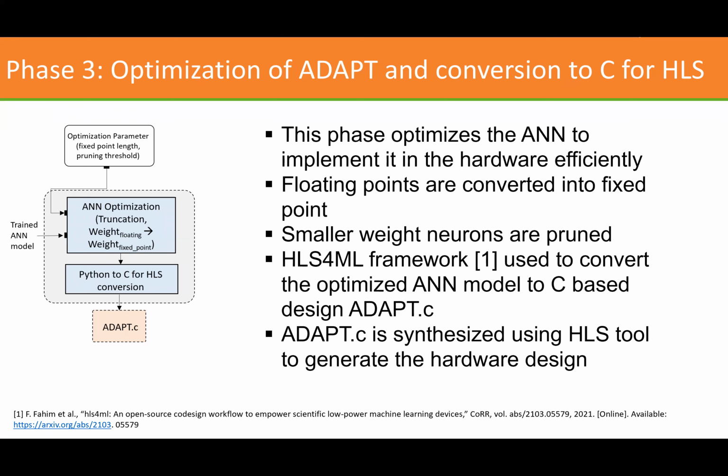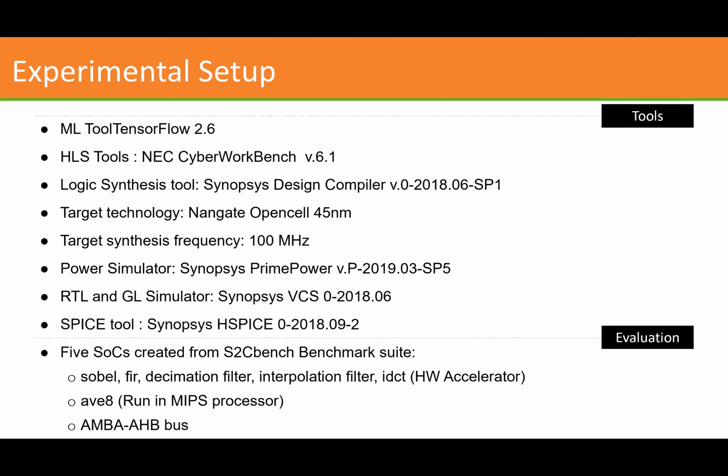This model we can convert into a synthesizable SystemC description using the hls4ml open source framework. After that, we will get a synthesizable C description of the ANN, which we will synthesize using an HLS tool and go further down the path of hardware design.